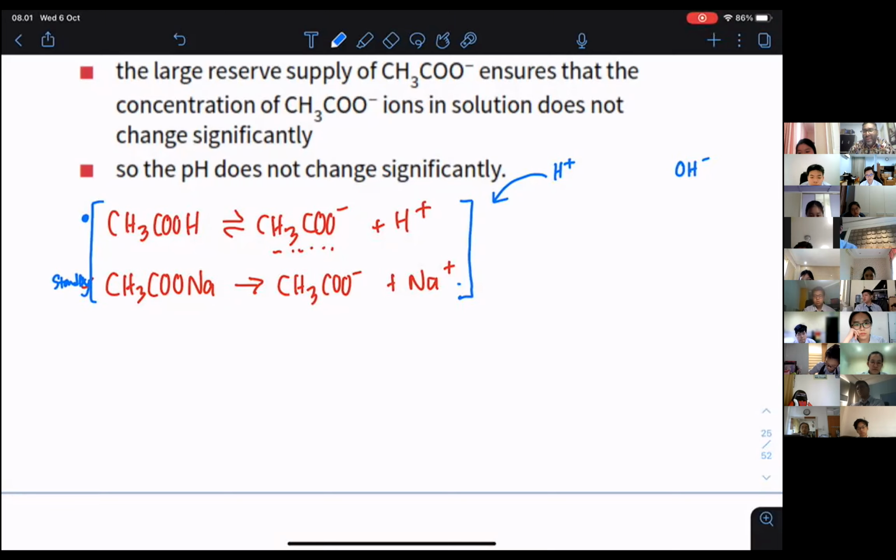When H plus is added, its concentration increases. According to Le Chatelier's principle, you need to decrease the increase in concentration of H plus. How do you decrease that, by shifting the position of the equilibrium to the left or to the right?